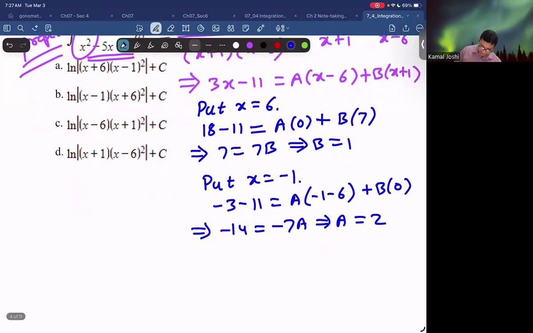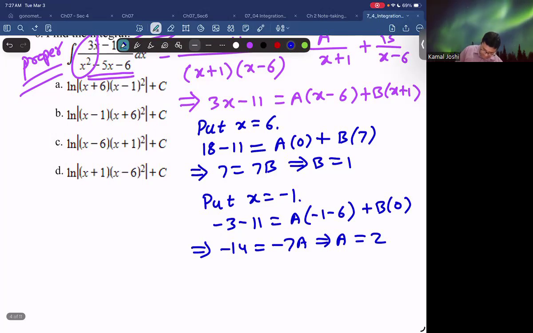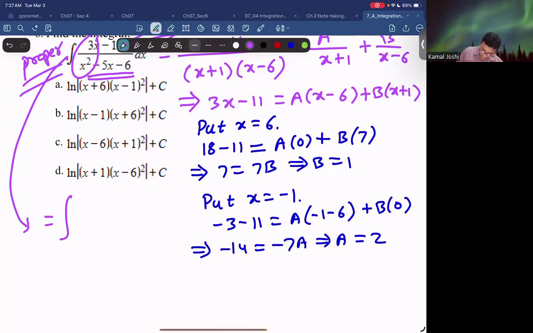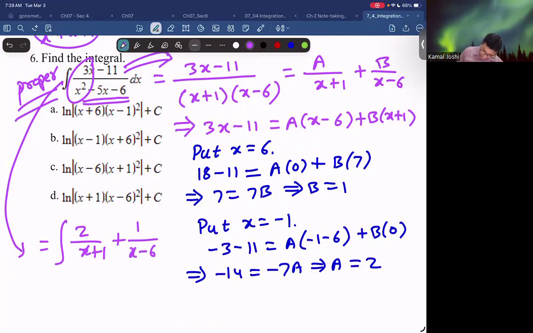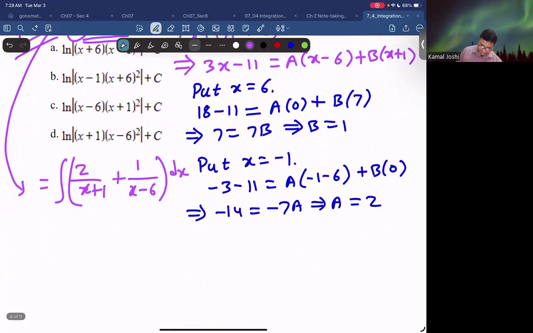Okay. So therefore, you can say this integral that you are doing here will be equal to the integral of a, which is 2, over x plus 1, and b is 1, plus 1 over x minus 6, dx.